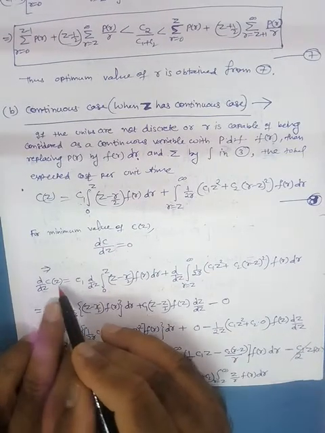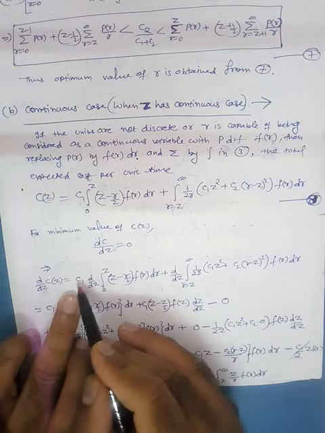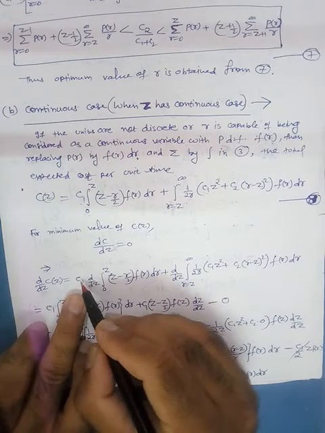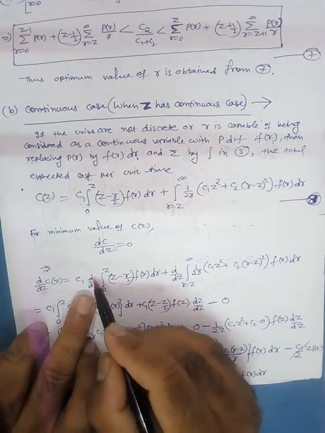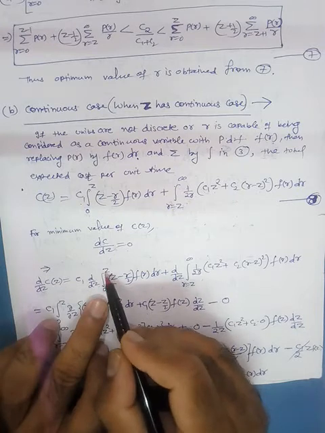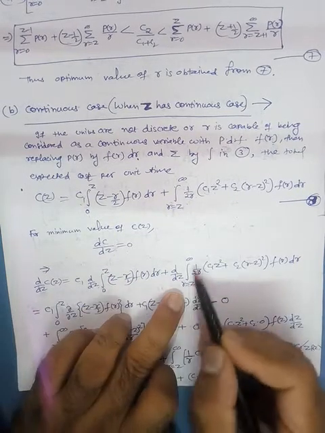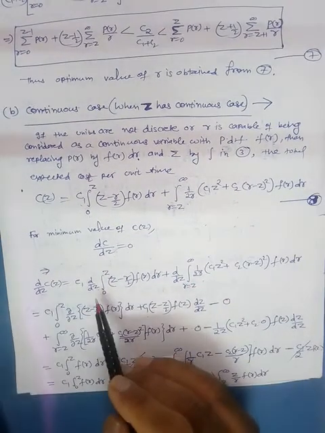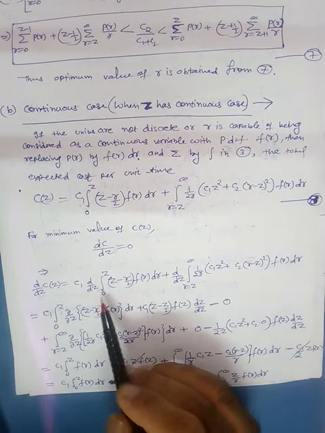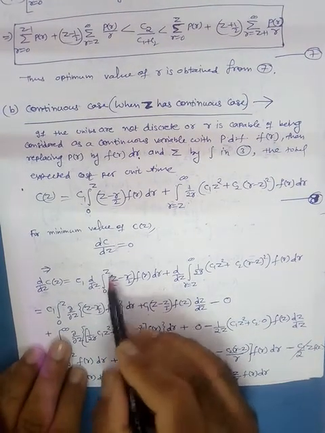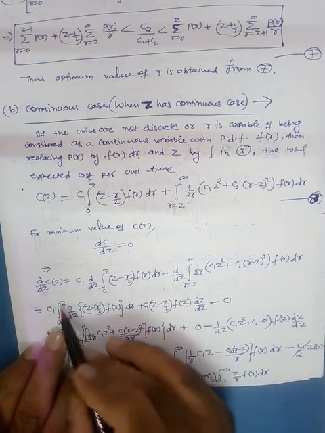So d by dz of C(z) is equal to C1 d by dz integral 0 to z of this, plus d by dz of this. Now we have to apply the principle. So here this will be C1, 0 to z.